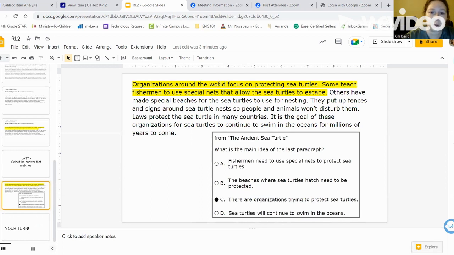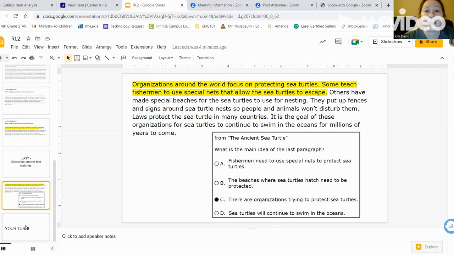Organizations around the world focus on protecting sea turtles. So the first sentence actually matches one of the answers, which is the answer C. They're organizations trying to protect sea turtles. And that's my answer. And that is actually the correct answer.